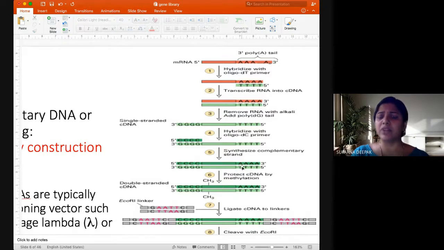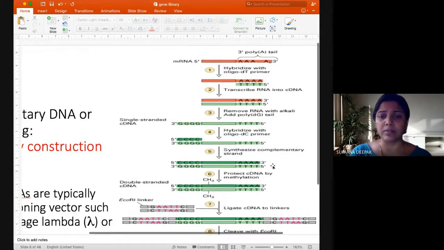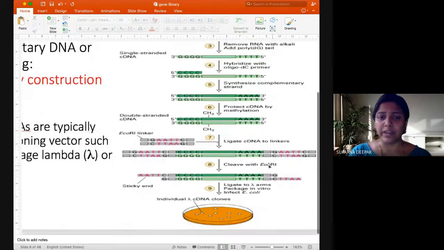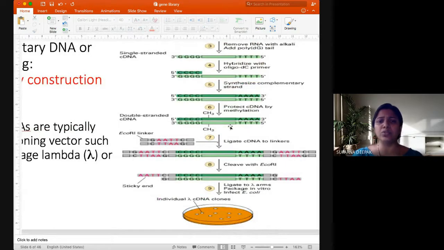So you can see that your double-stranded cDNA is there, and this cDNA can be methylated so that it is protected from getting degraded. Then EcoRI linkers can be added. Why is this linker utilized? Because we don't want the gene to get cleaved in between.